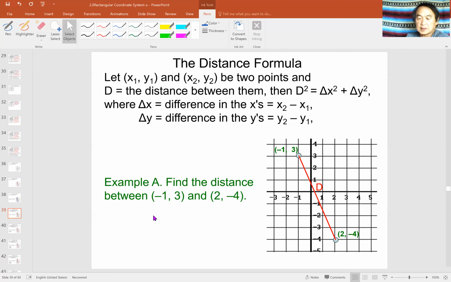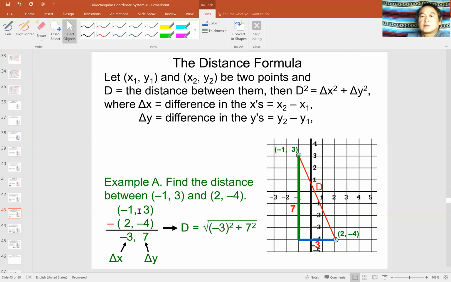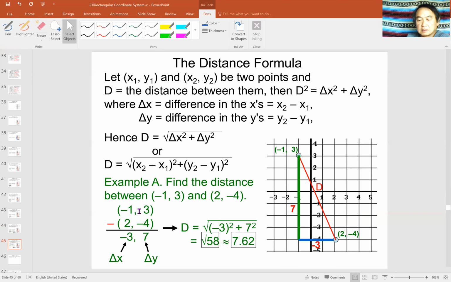In this example, I call the difference between the x numbers x2 minus x1, and the difference between the y numbers y2 minus y1, so delta x and delta y, subtracting the x's and subtracting the y's. Then for the distance, you take the square root of the sum of the squares. That's perfect, and translated into formulas, that's this distance formula.